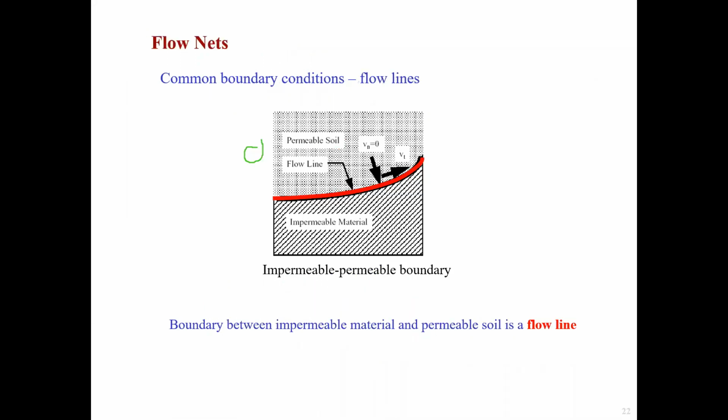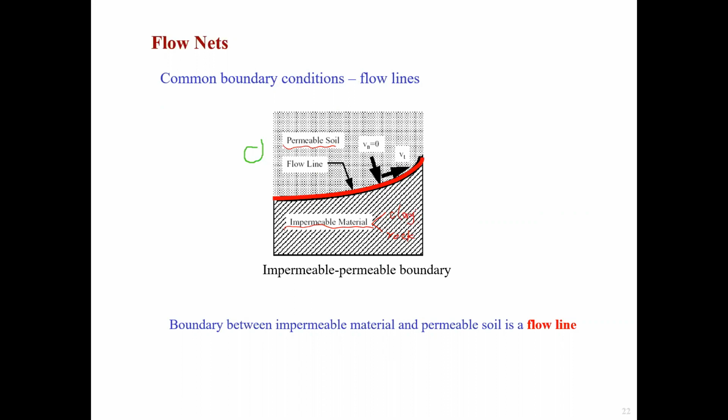So another special case is the boundary between the permeable and impermeable material. So this is a permeable soil, and an impermeable material is normally either rock or just clay.